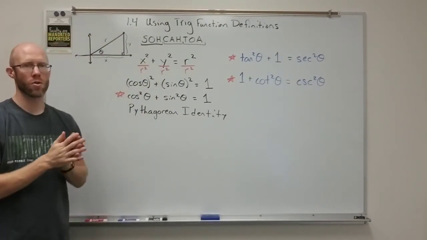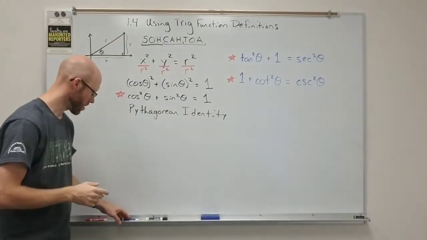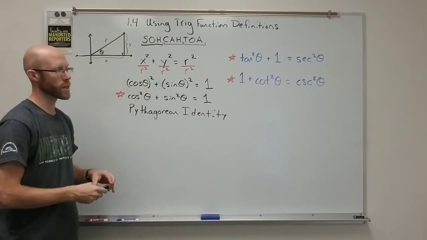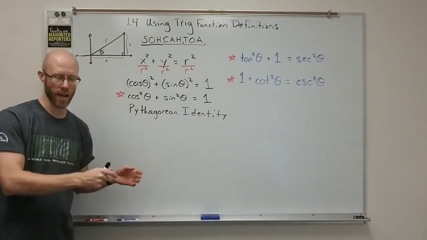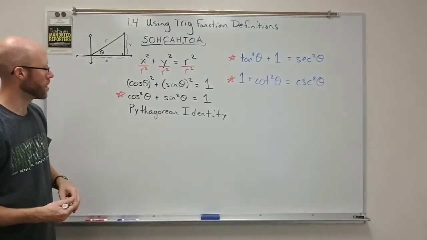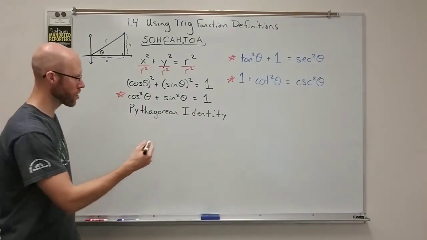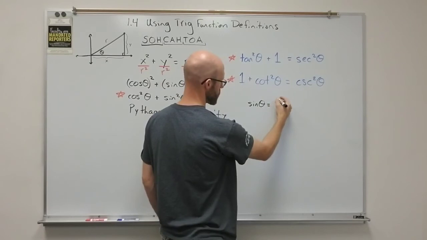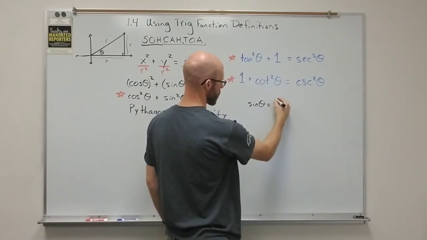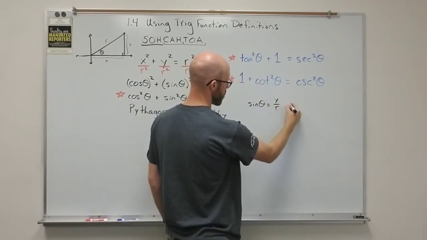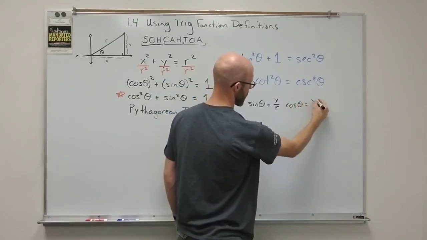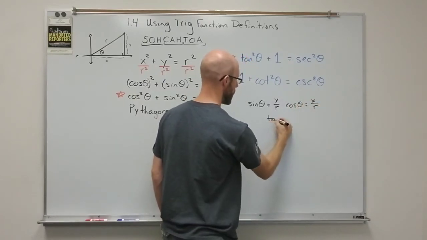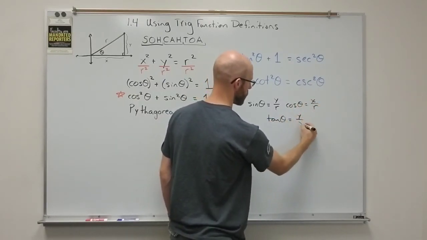We can also build a relationship between the sine, cosine, and tangent. Because we know that the sine of theta is y over r, cosine theta is x over r, and the tangent of theta is y over x.